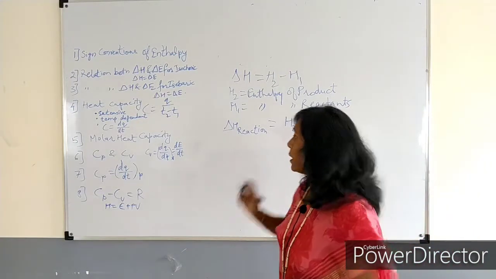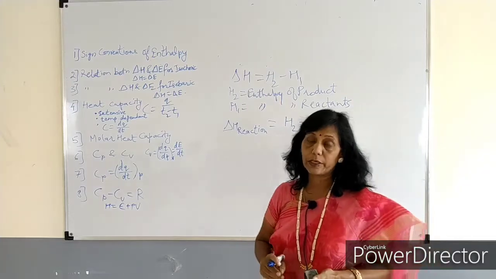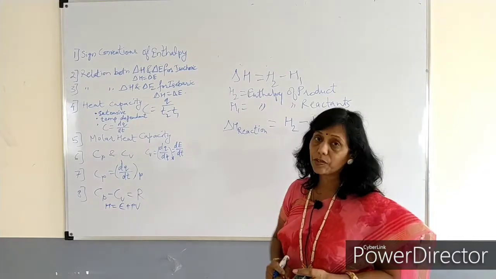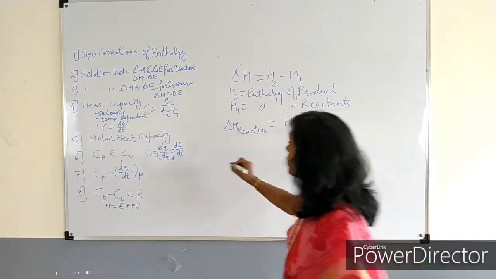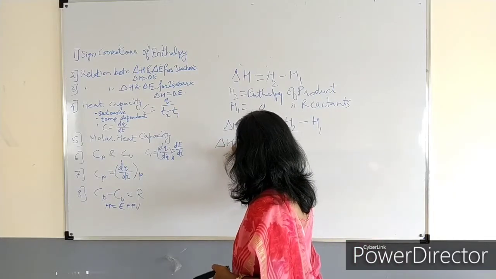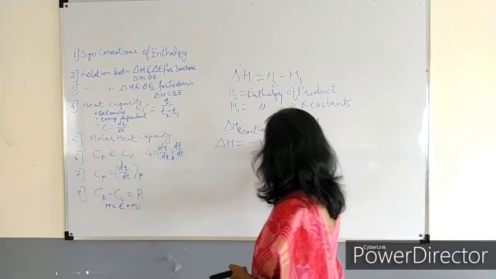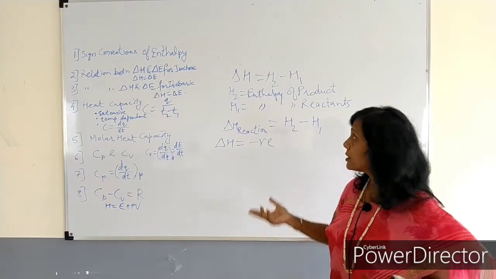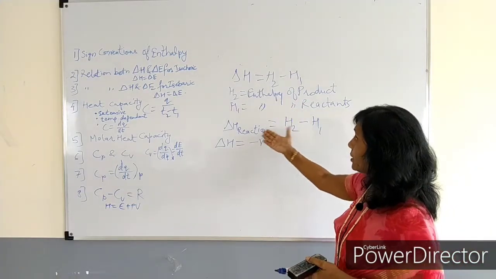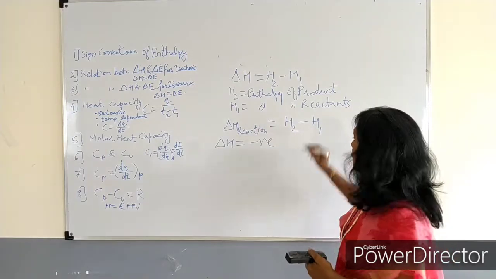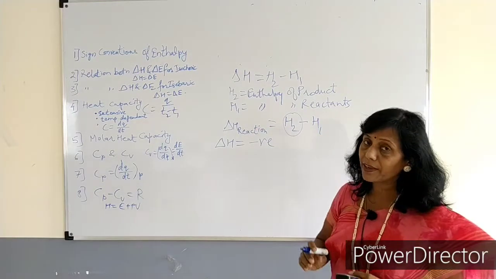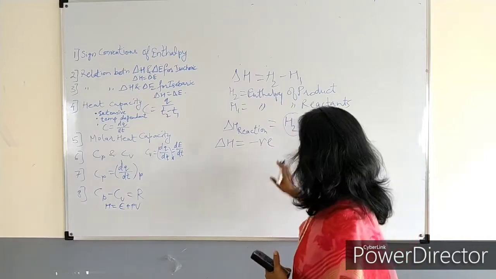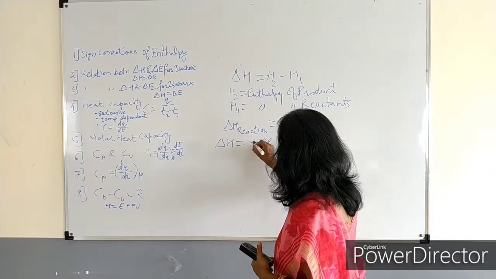Now, let us discuss the sign conventions of the enthalpy, right? What are the sign conventions? When will the value of delta H be negative? It's very common sense, right? Because delta H is H2 minus H1, obviously when H2 is greater than H1, delta H will be positive, right?